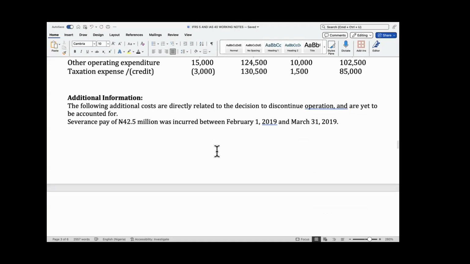Management decided to close down the Blue Bull division and draw up a plan to discontinue operations of the division. On February 1st, 2019, the Board of Directors of Whiskey Bottling Company PLC approved and immediately announced the formal plan. The following figures are available for current and prior year ending March 31st. Additional information. The following additional costs are directly related to the decision to discontinue operation and are yet to be accounted for. Severance pay of 42.5 million was incurred between February 1st, 2019 and March 31st, 2019.